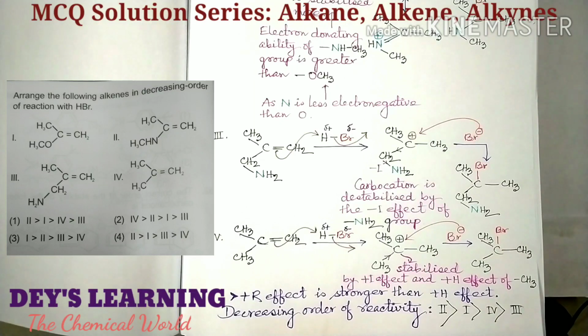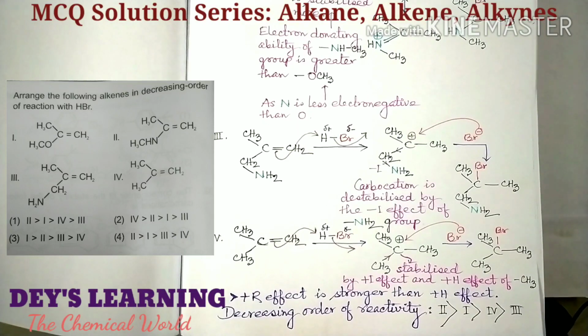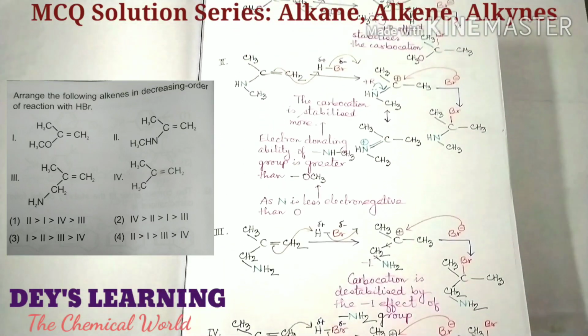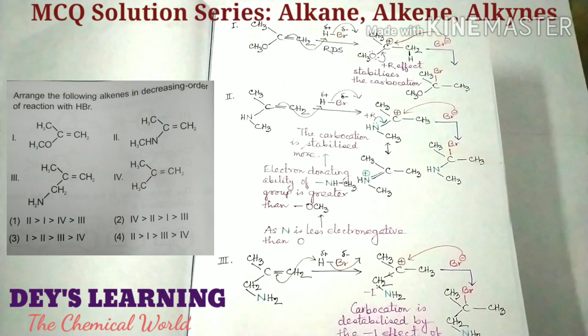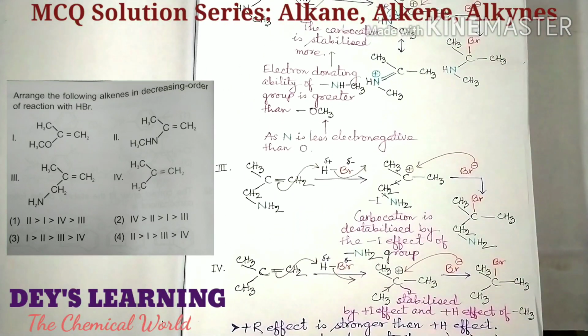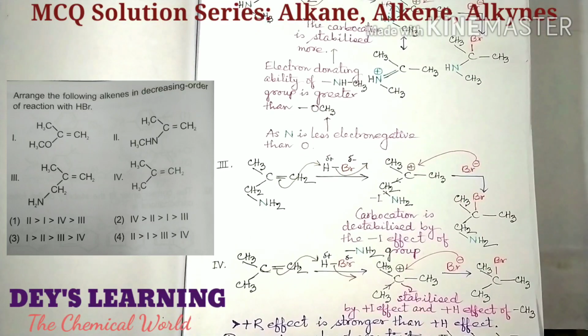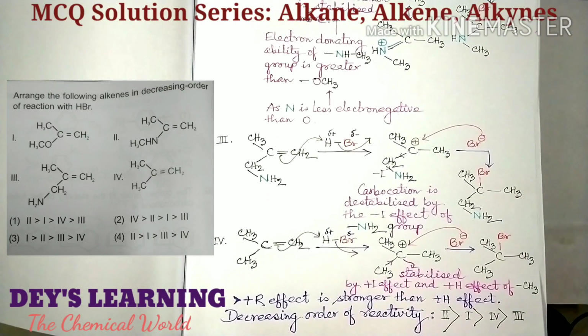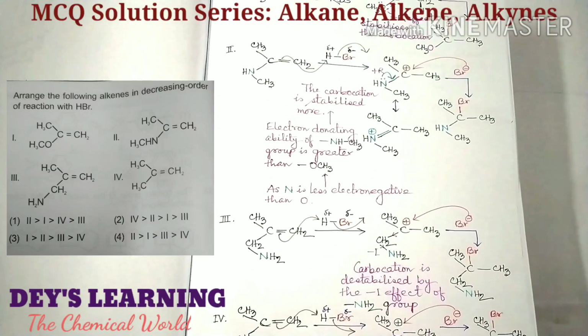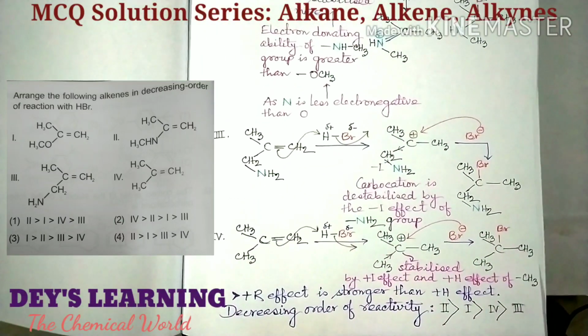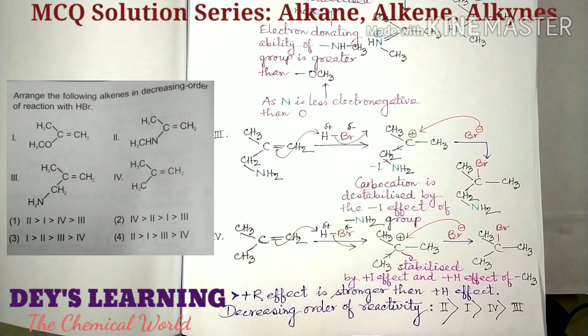So definitely the stability order of the carbocation is: the carbocation obtained from compound 1, then compound 4, and lastly the carbocation from compound 3. So the reactivity order definitely would be 2 greater than 1 greater than 4 greater than 3. So the order of reactivity of the 4 compounds is 2 greater than 1 greater than 4 greater than 3. That is option 1, our correct answer.